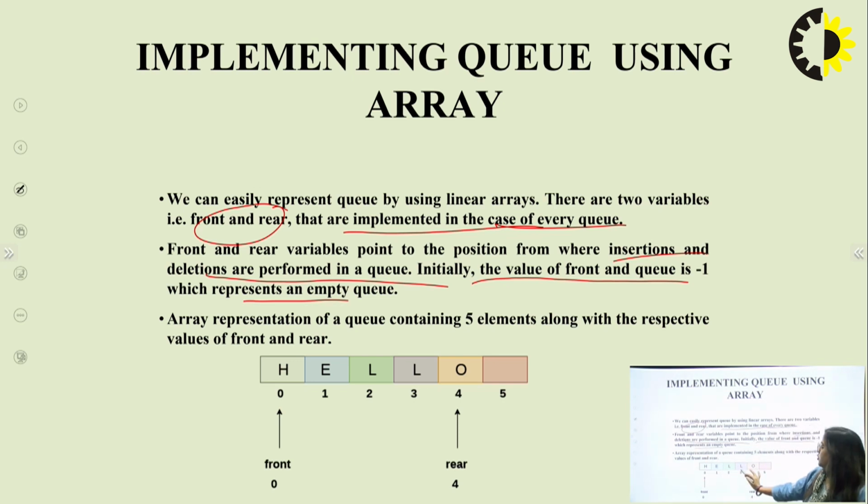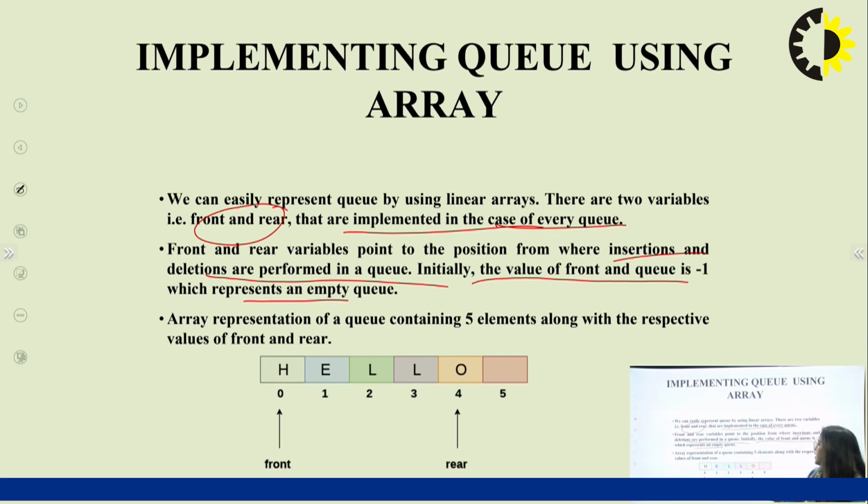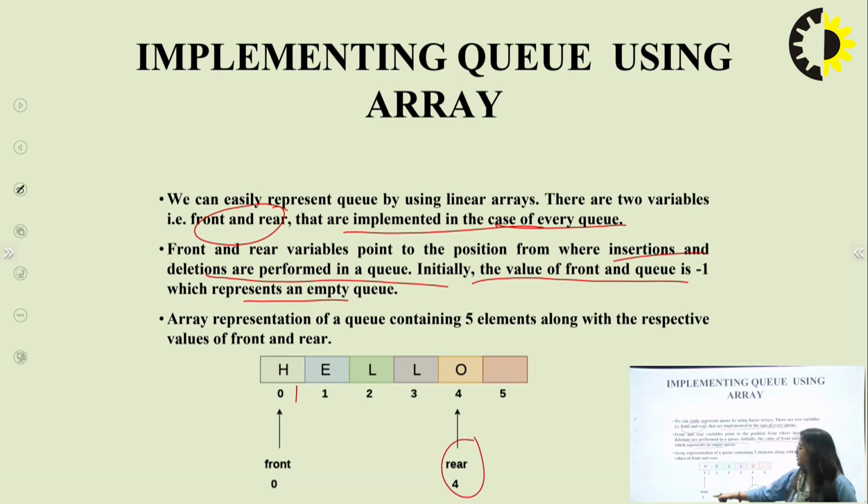So this is the array representation. In array representation, you insert some elements. Indexing is given as 0, 1, 2, 3, 4, and these are the elements inserted in this queue. The first element inserted is on the front side, and the last element inserted in your queue is called the rear.